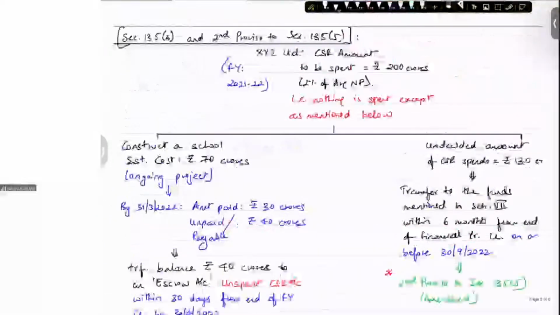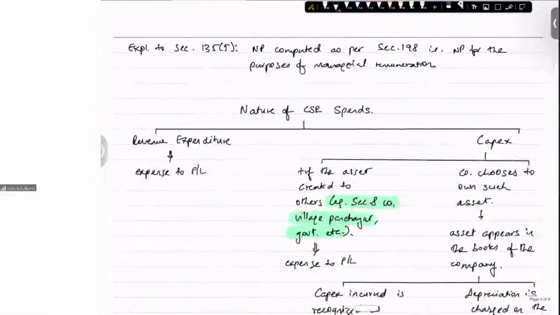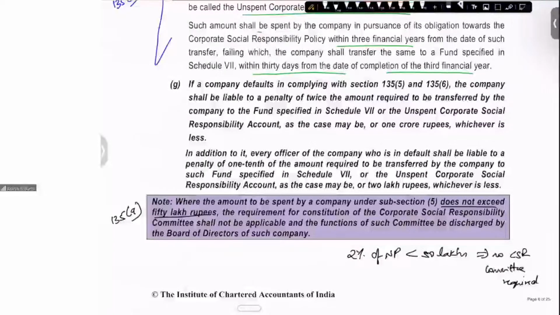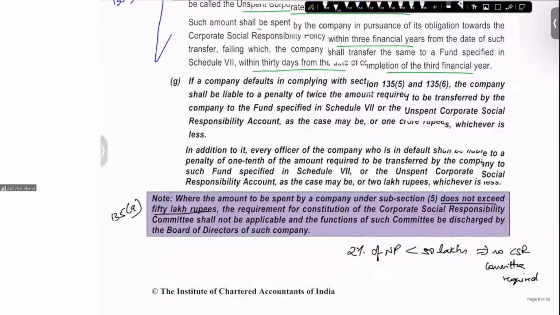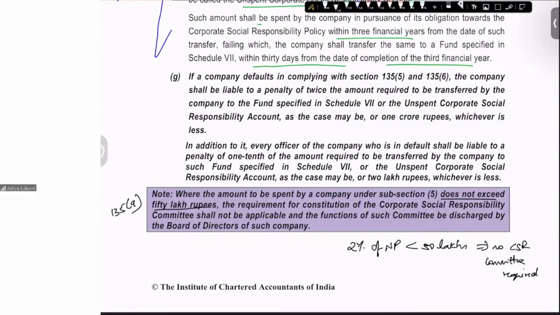So that is 135(6) and the second proviso. Okay. All right. Now, these are your penal provisions. 135(7). So what is 135(7)? If a company defaults in complying with 135(5) and (6), penalty of twice the amount required to be transferred to the fund.